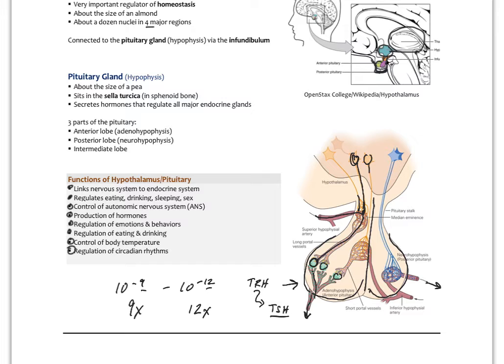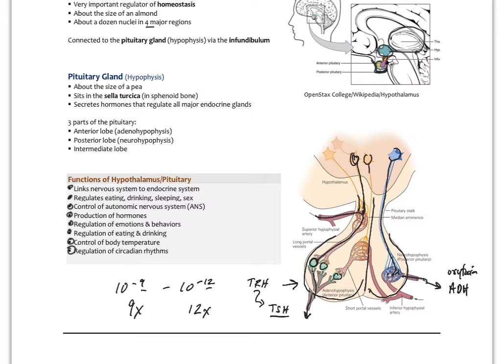Posterior is simpler. In fact, it only secretes two hormones, oxytocin and antidiuretic hormone. Both of these are synthesized by neurons up in the hypothalamus, and then the neuron extends an axon all the way down the infundibulum, and that synapses onto the blood vessels down here, and that releases it into the blood.